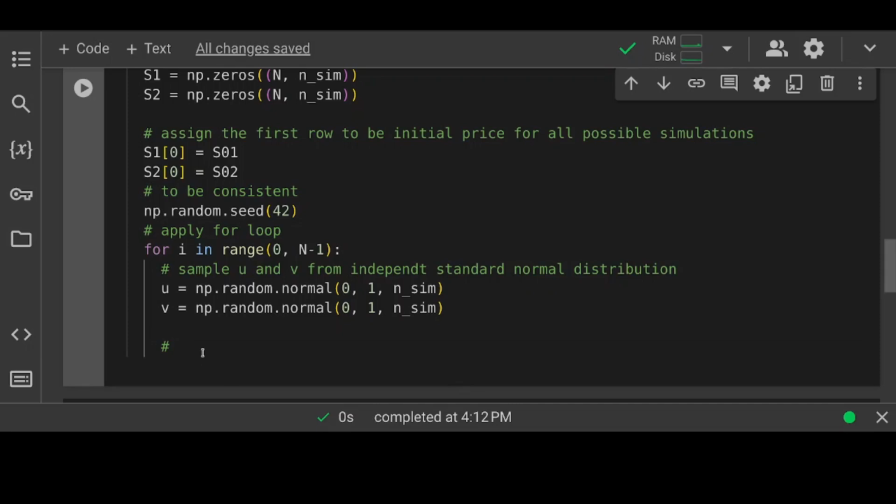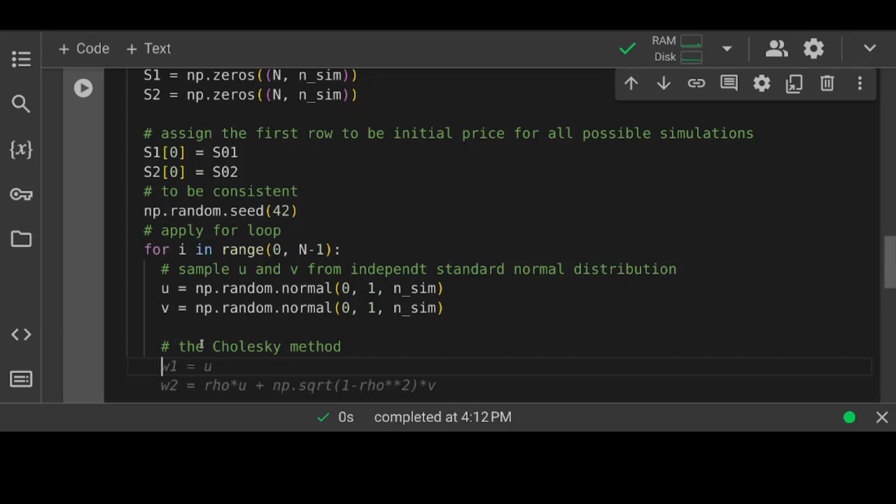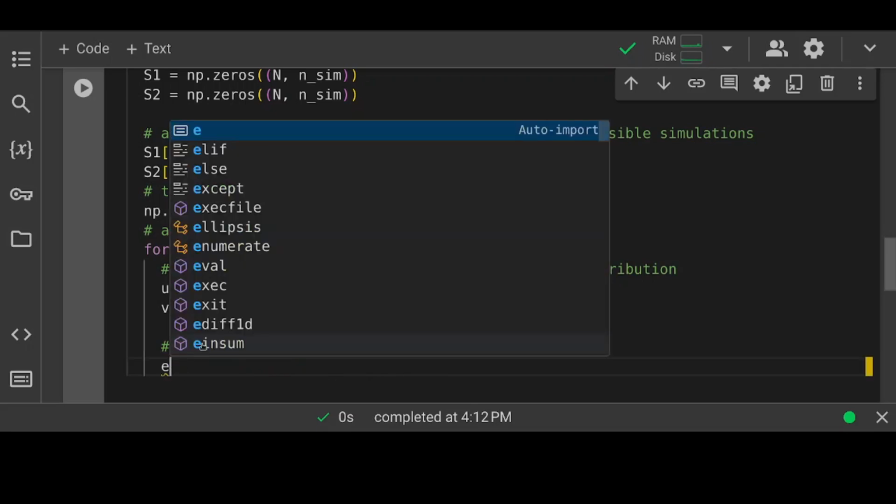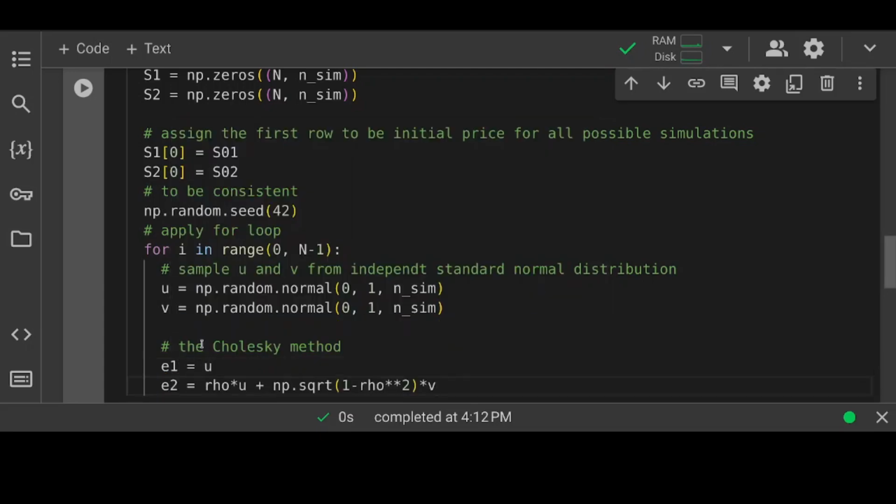So the Cholesky decomposition, as we discussed previously, we can start this way. Epsilon 1, E1, is equal to U, and E2 is equal to rho times U plus np.sqrt of this one times V.